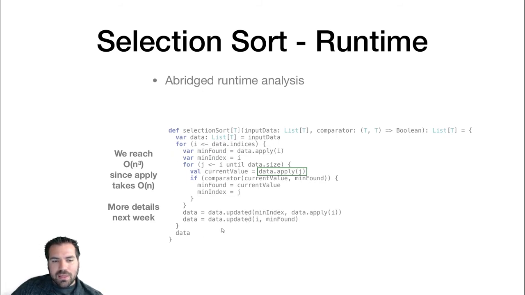So we have an O of n loop, which runs O of n squared work, and then O of n work. It ends up being O of n cubed, mostly because of this apply. If we could get rid of that and get this to be a constant time call, then we could get O of n squared out of this. So this is a very horribly inefficient algorithm. Very, very, very bad.